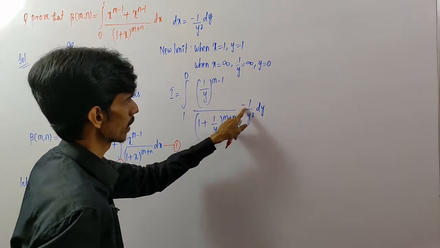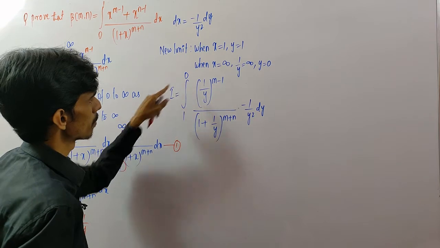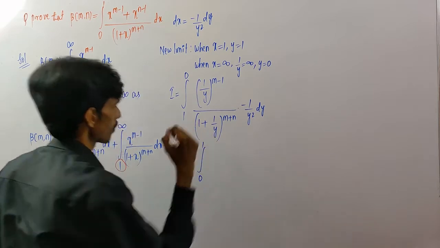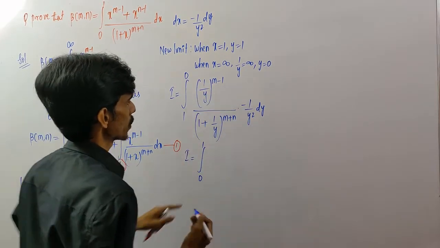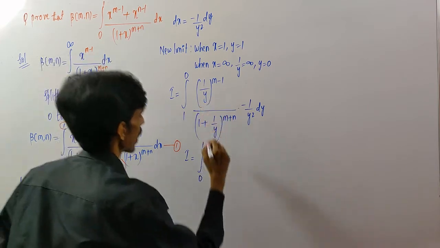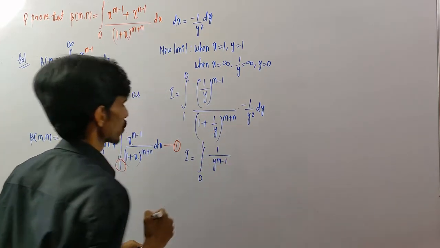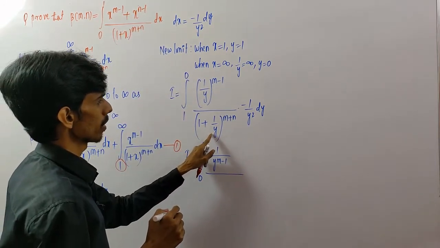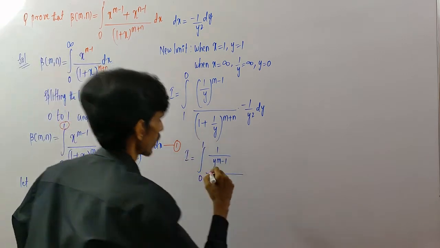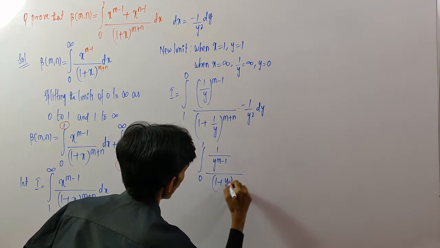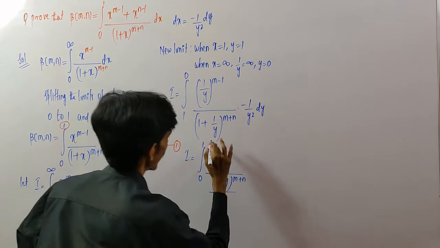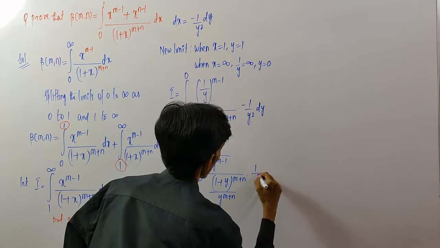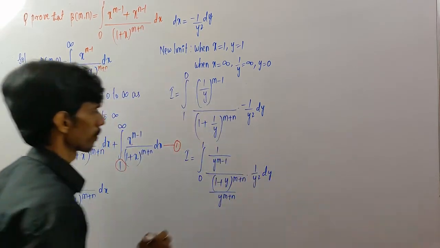Now this minus sign will interchange the limits, so it will become 0 to 1. 1 power m minus 1 is 1 only. So write 1 divided by y power of m minus 1, divided by, taking LCM, 1 plus y power m plus n divided by y power of m plus n, into 1 by y square dy.